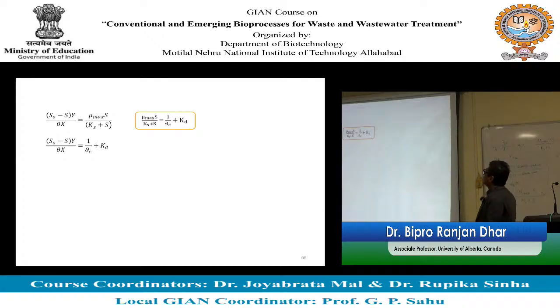So now if you look into this equation, I have initial BOD, I have final BOD, I have yield, I have HRT, I have biomass concentration, I have SRT, I have Kd. Here Kd and Y are kinetic parameters, right? So they are going to be fixed for certain microbes.